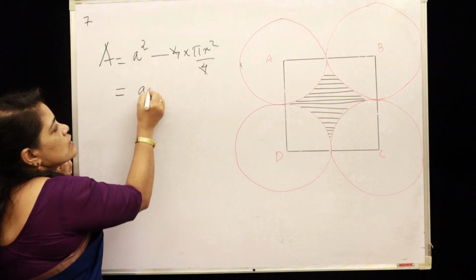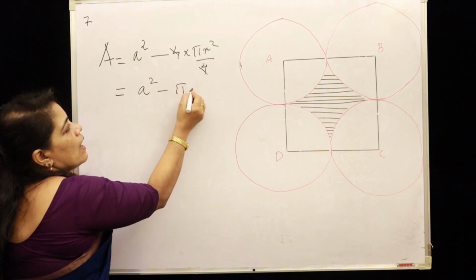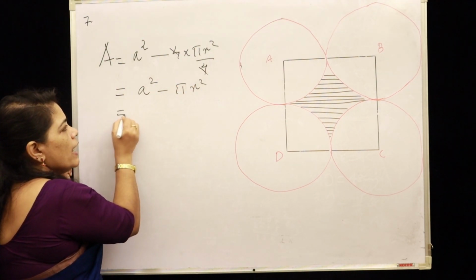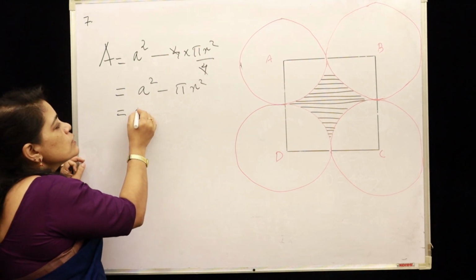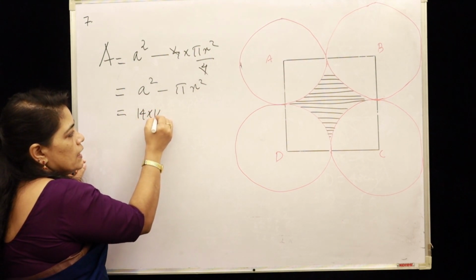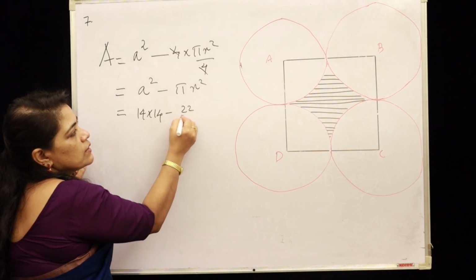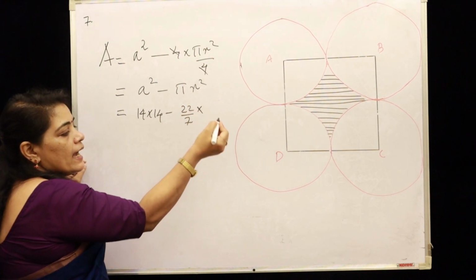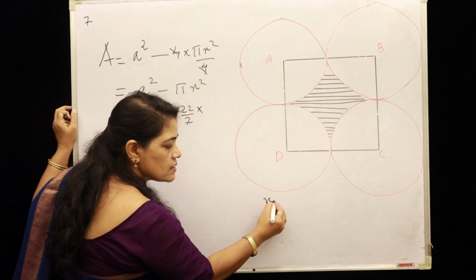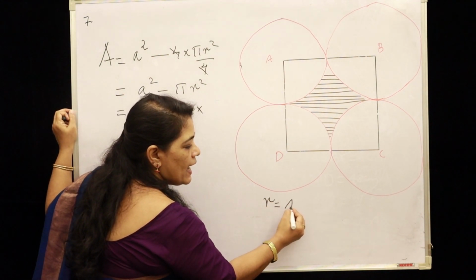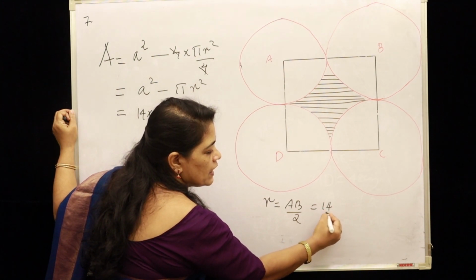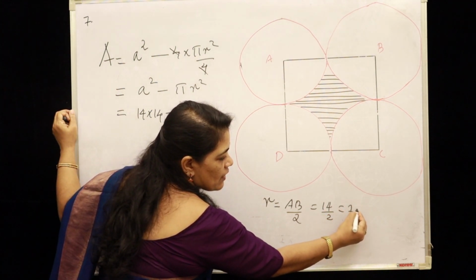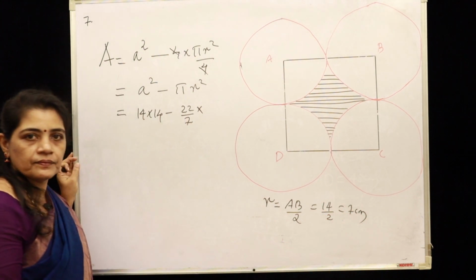So a square minus pi r square, and a is given as 14 centimeter, the side of the square. So 14 into 14 minus 22 by 7, and here the radius is equal to AB by 2, and AB is 14 by 2, that is 7 centimeter.